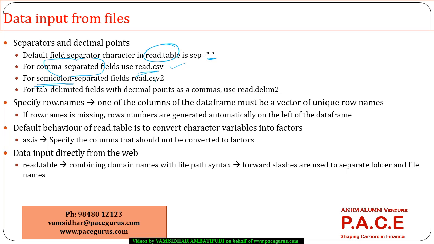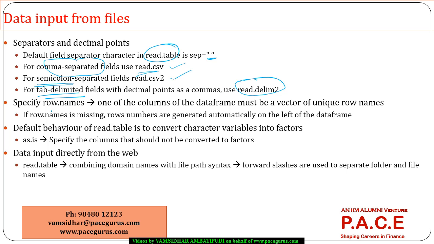But if the fields are separated by semicolon instead of comma, then use the function read.csv2. And when you have tab delimited fields, where the fields are separated by tab, then you use read.delim2. So these are all similar kinds of inputs, separated by different separators. The most common one is a CSV file. So for that CSV file, you can read it into R using read.csv.